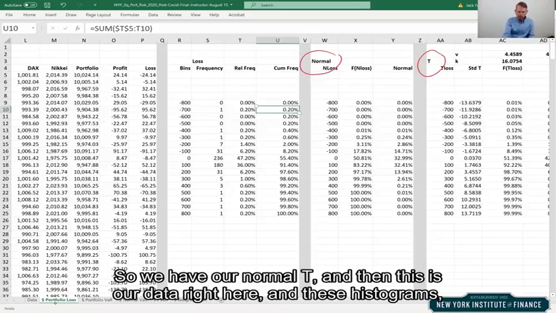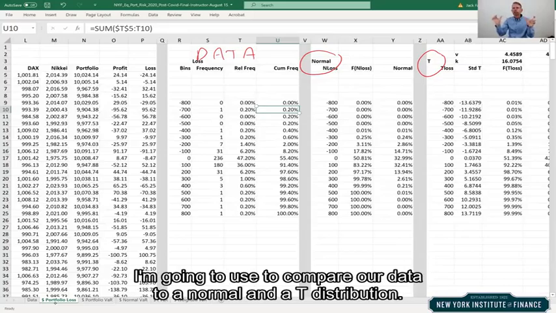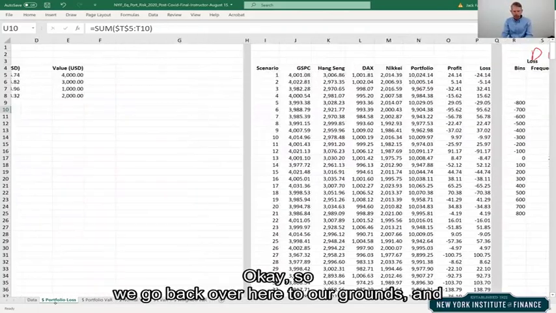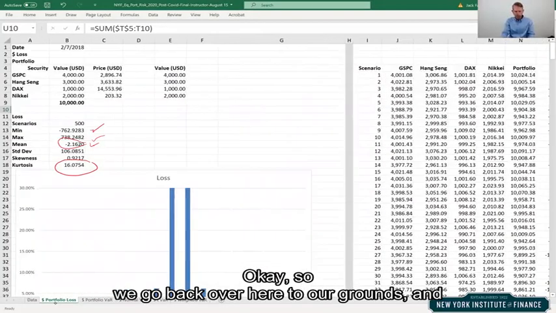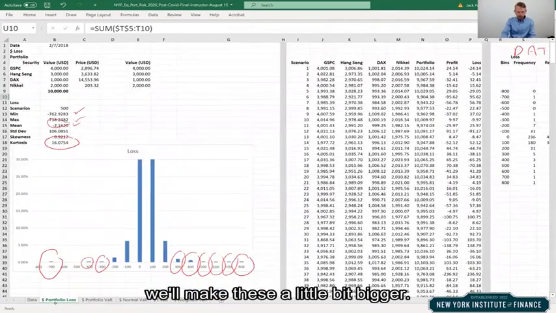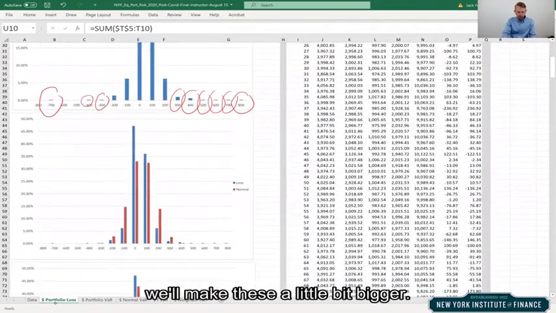So we have our normal, t, and then this is our data right here. And these histograms I'm going to use to compare our data to a normal and a t distribution. Okay, so we go back over here to our graphs, and we'll make these a little bit bigger.